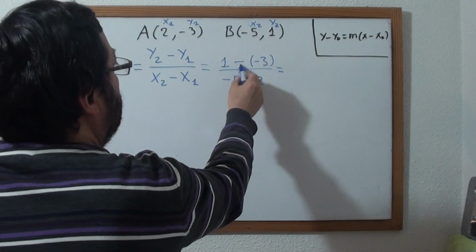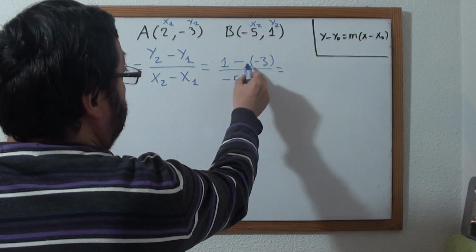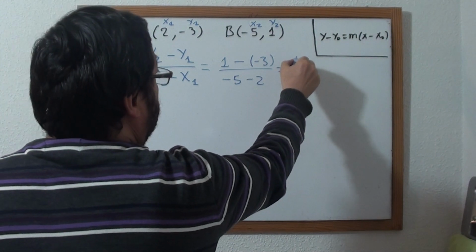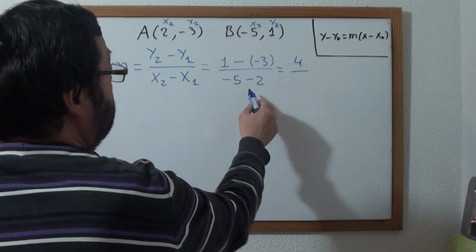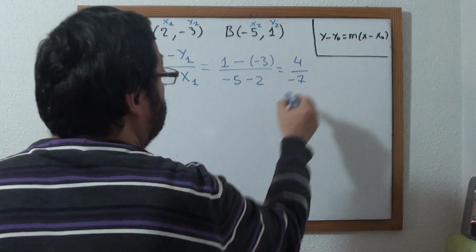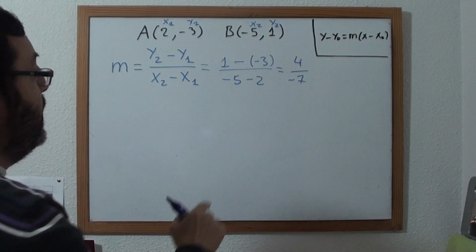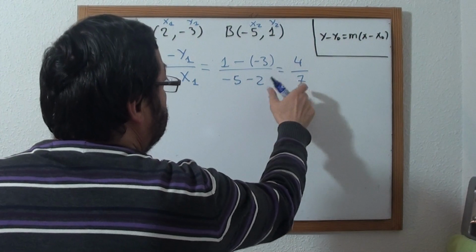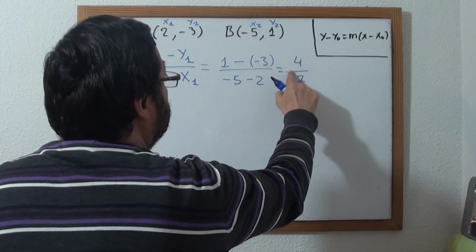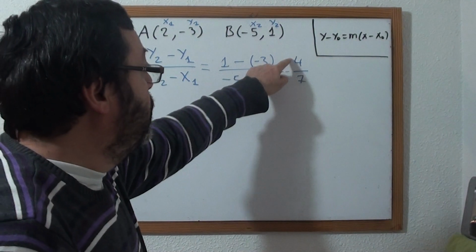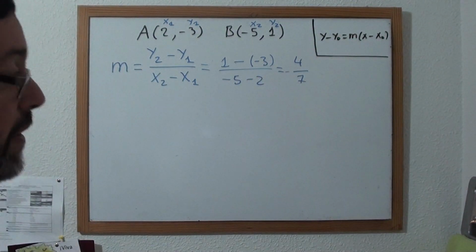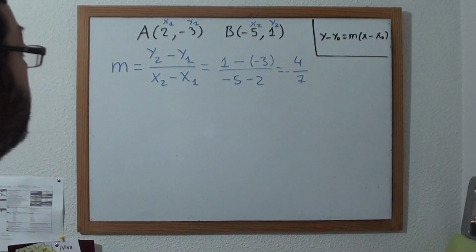So 1 minus minus, that is plus, so 1 plus 3, that is 4. And negative 5 minus 2, that's negative 7. The minus sign, I'm going to put it in the middle of the fraction. We can put it on the top, on the bottom, or in the middle. Usually we put it in the middle.